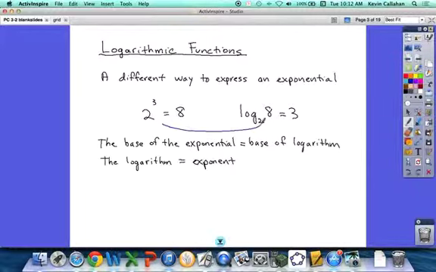These are the same. And the logarithm itself equals the exponent that that base was being raised to.